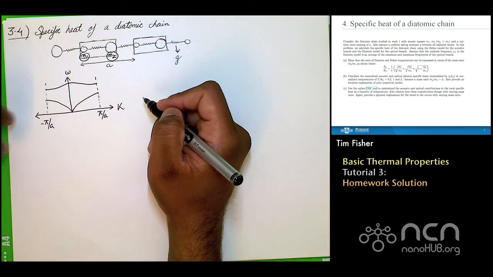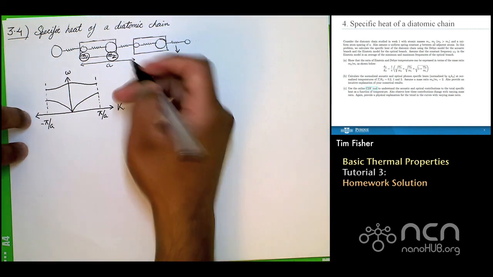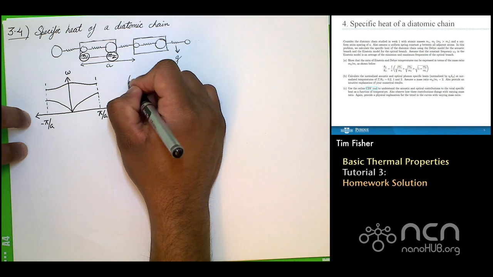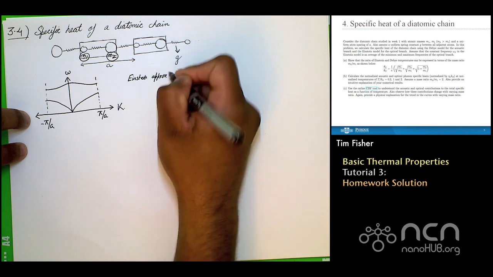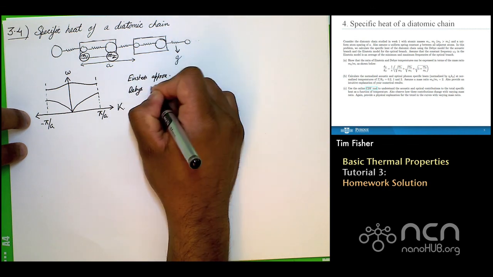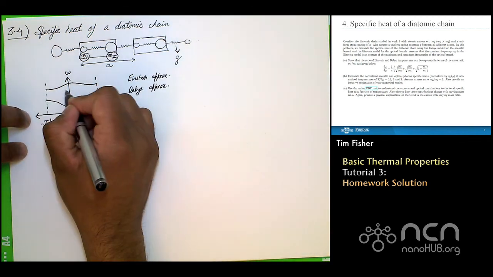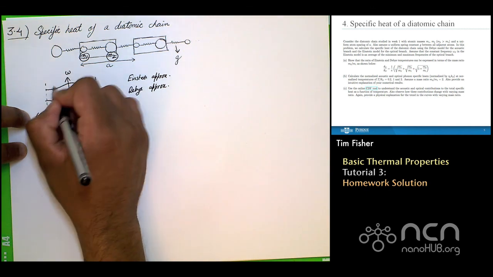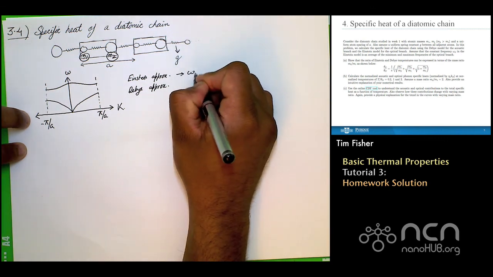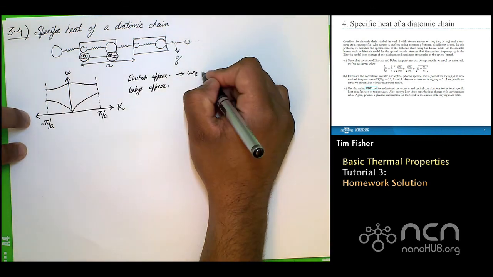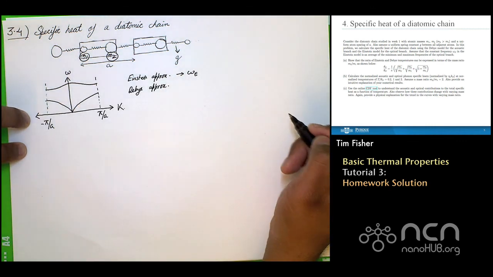Now, while calculating the specific heat of this diatomic chain of atoms, two important approximations have been very famously used in the past. The first is the Einstein approximation, and the second is the Debye approximation. So the Einstein approximation states that the optical phonon branch can be approximated as a single frequency dispersion given by omega E, wherein omega E can be approximated as the average of the maximum and the minimum frequency in the optical phonon branch.